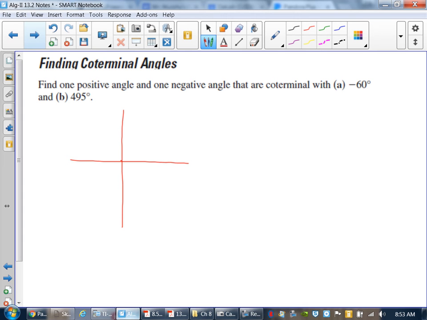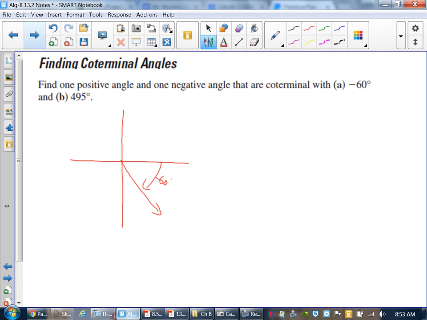Negative 60 would be placed in the fourth quadrant. It would be right there. Negative 60 is 60 degrees off of the x-axis. Okay, so we'd have to take 60 degrees to get back up, so it's 60 degrees off. Now, if I'm going negative, I'm just going to continue on and all the way around again, which means what angle would that be at?